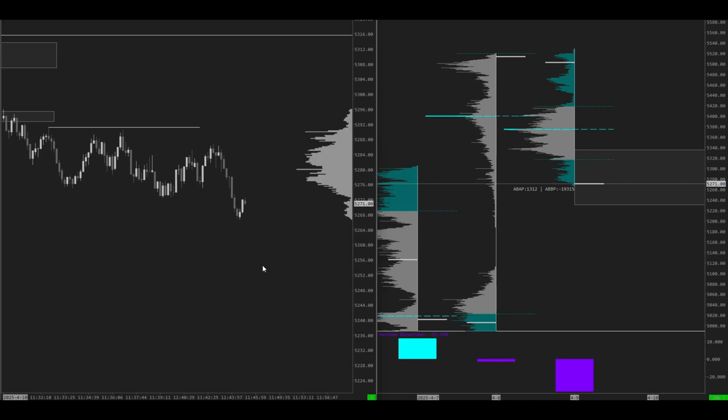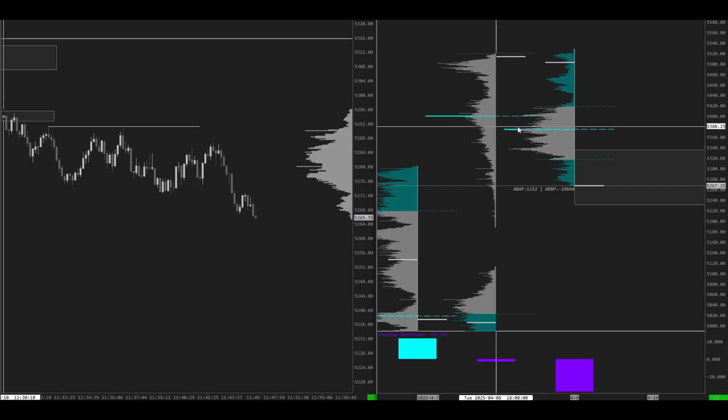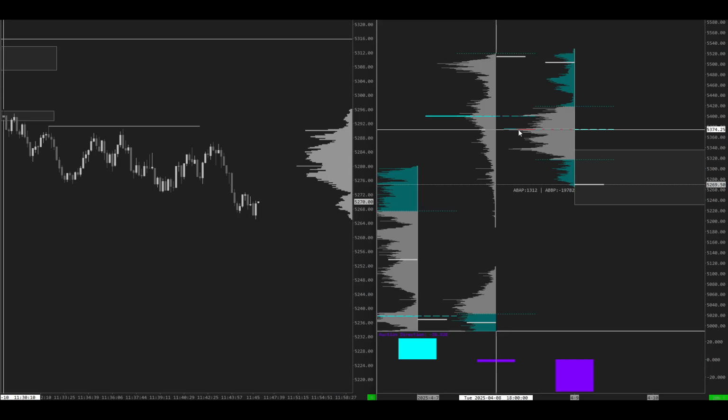I mean, sometimes it'll go up and then it comes right back. Yeah, so it's sold all the way down from the POC area.